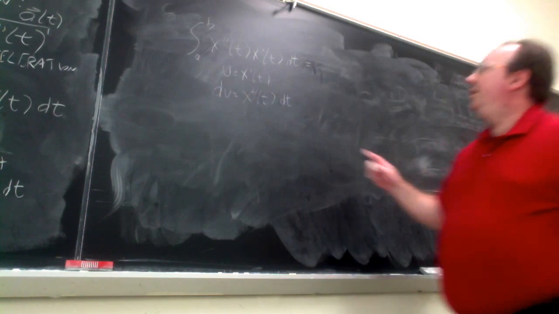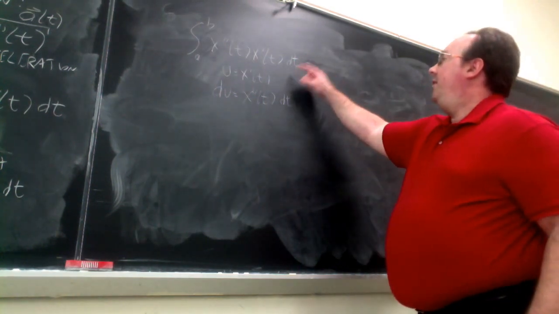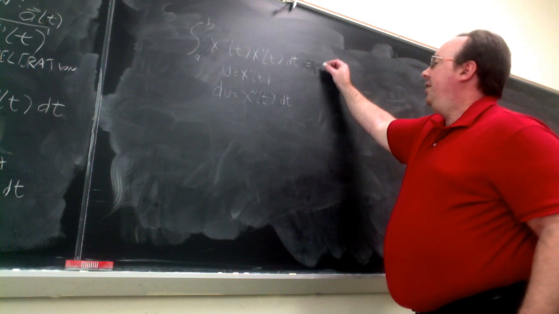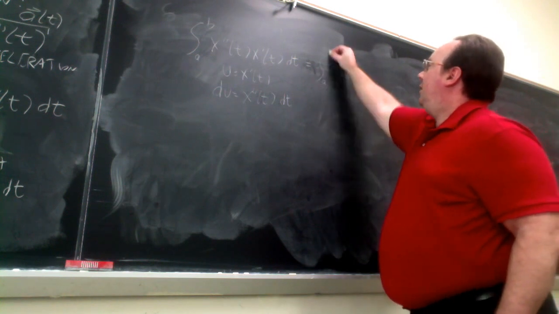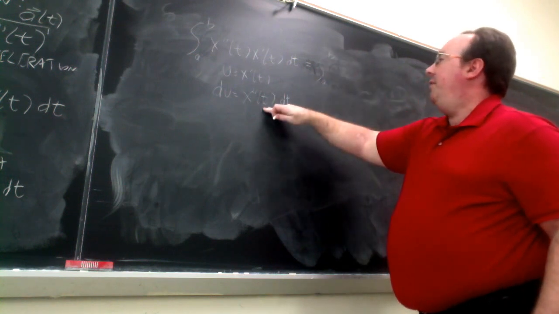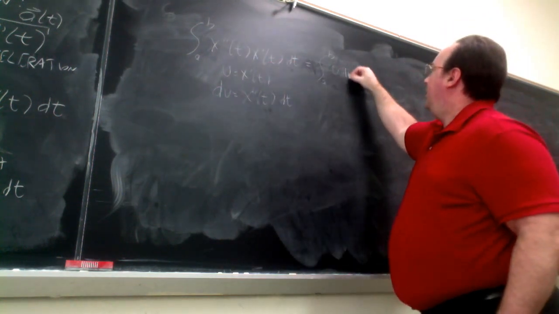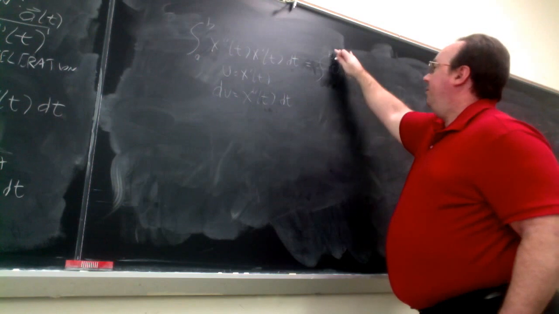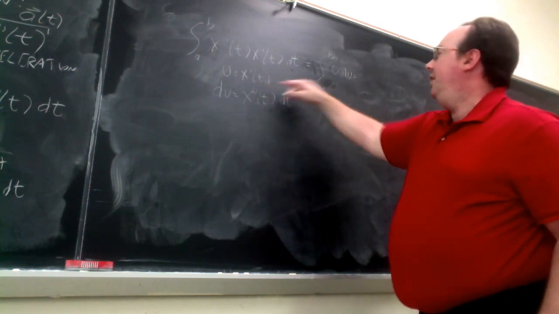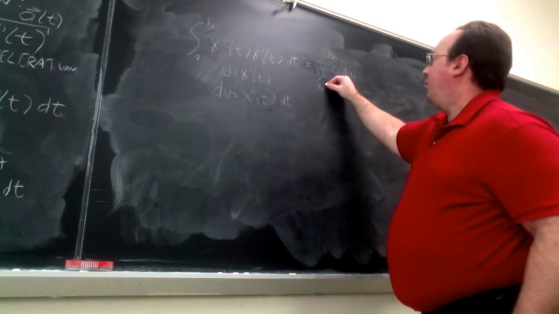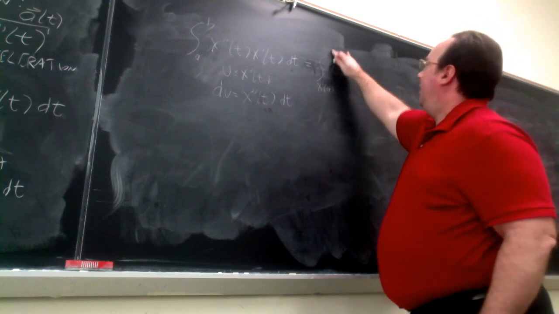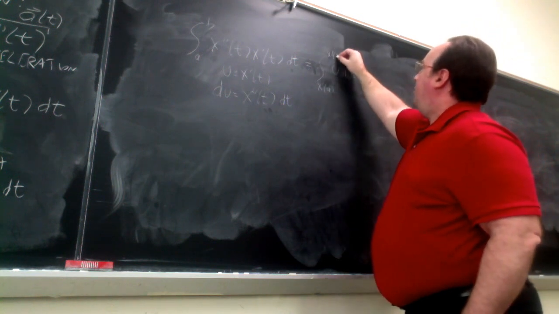So then what you would get is x double prime dt becomes du. So this is just u du, well, with new limits. So this would actually be x prime of a to x prime of b.